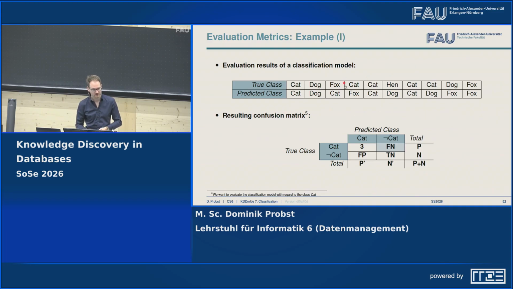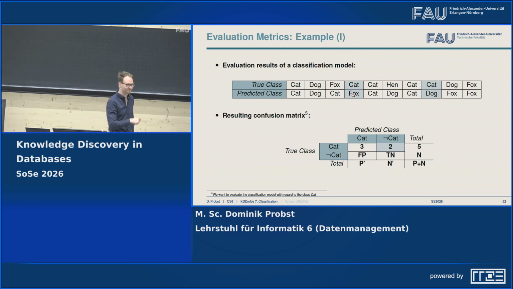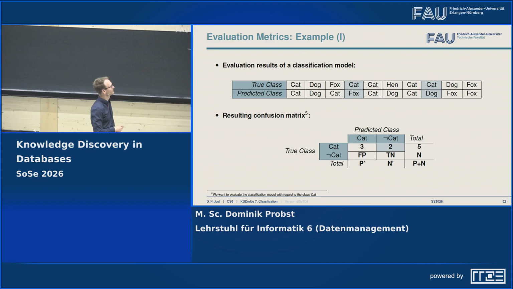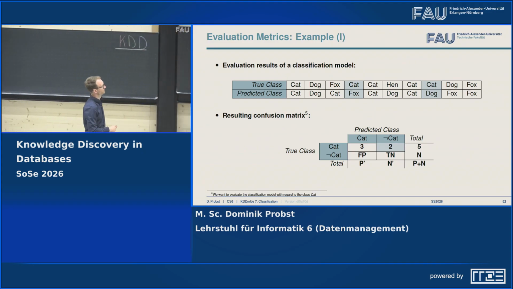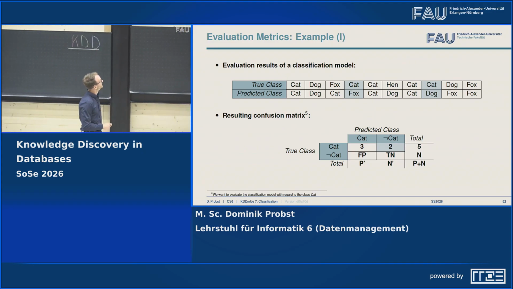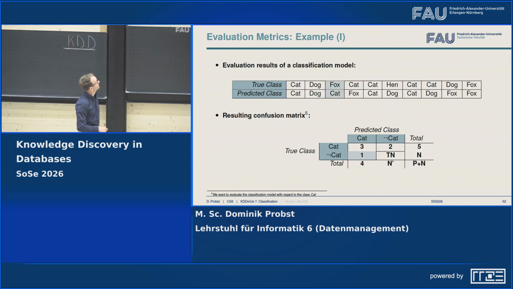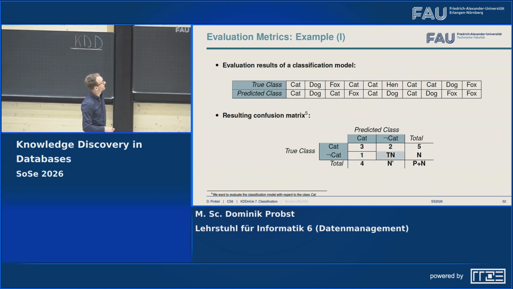So for example, this example is a case. And we have 2 examples of that, where we have dog and cat and fox and cat. It's a little bit easy to oversee some things in here. We can do the same thing for false positives, and we can do the same thing for false negatives.